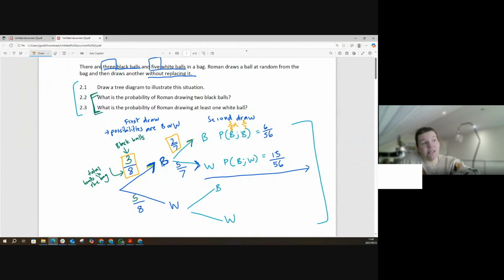And so 3 times 2 is 6 and 8 times 7 is 56. You only have corresponding denominators when you're adding and subtracting. So for this path over here, we would be saying 3 over 8 times 5 over 7. Thank you for asking. And now you know.